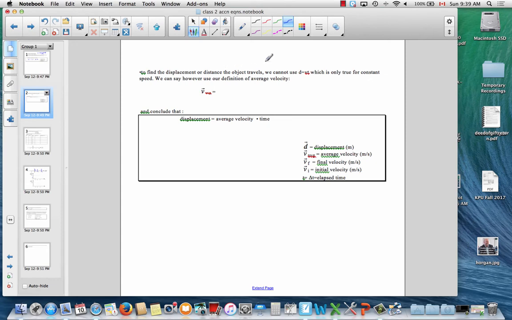Now, for finding the displacement or the location of an object when we're accelerating, we can't use this relationship, d is vt, because that's only true if you're moving at constant speed. We can, however, use our definition of average velocity, because that works everywhere. Average velocity was displacement over time.